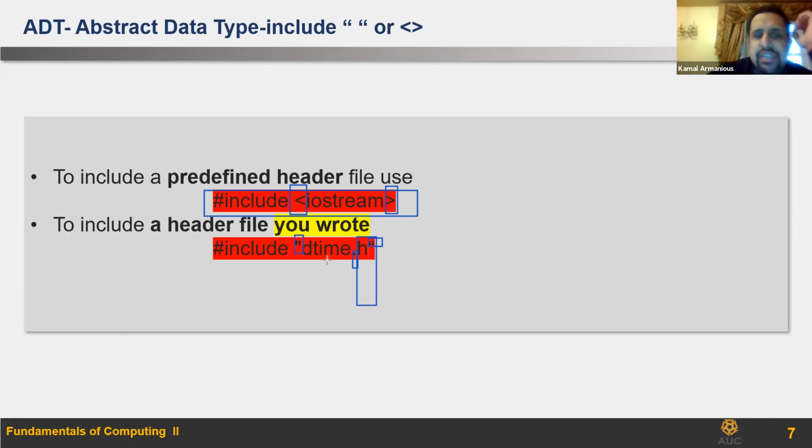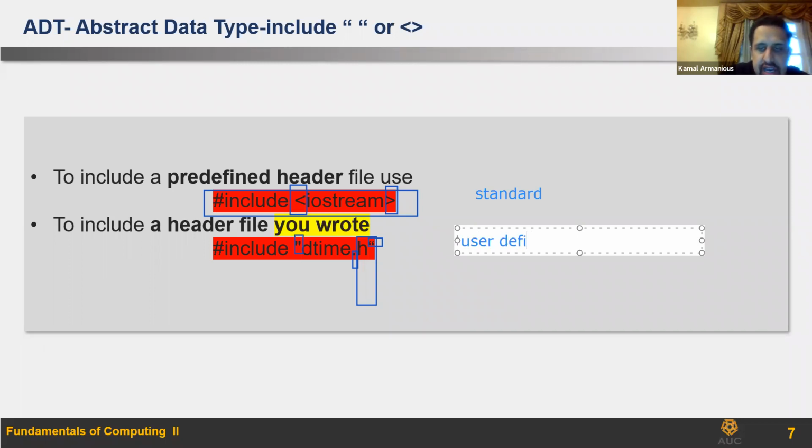So what does this mean? The angle brackets mean that you are using a standard library. The double quotes mean that you are using a user-defined library.